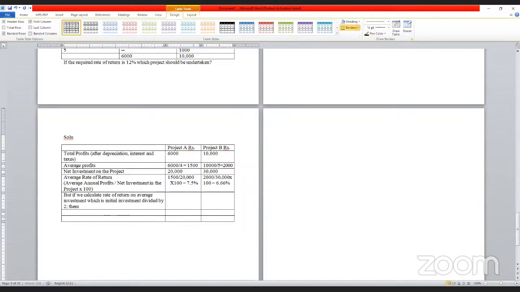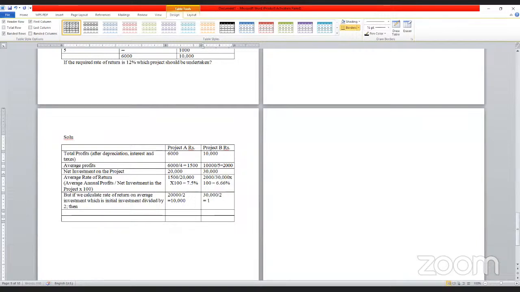Then what is the calculation? How you will calculate this? Then that will be 20,000 divided by 2. So that will be 10,000 rupees. Here it is 30,000 divided by 2.